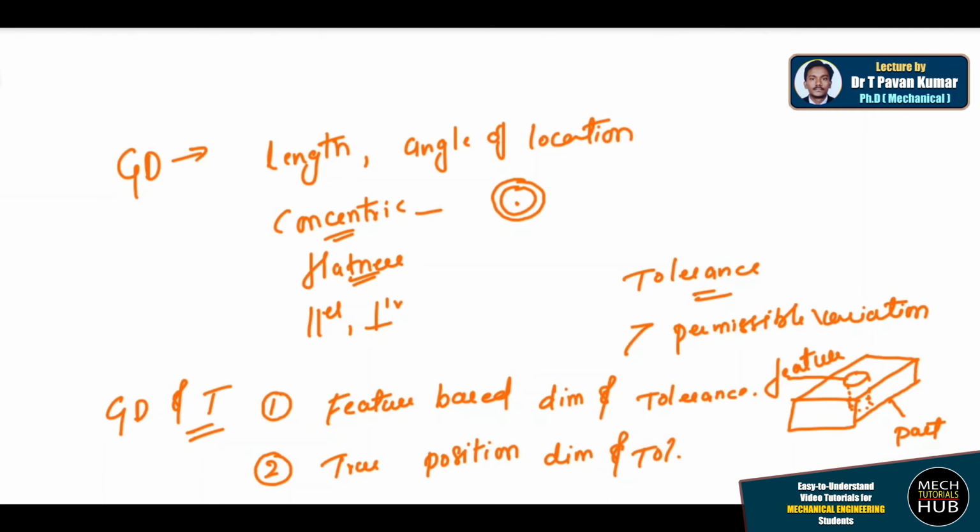This can also be called true position dimension and tolerance. All right, the meaning is one and the same. Ultimately we need to give geometrical dimensions and tolerances, which are very much required to manufacture any component, without which it is not possible after manufacturing to assemble them properly. So that is the point I would like to mention.